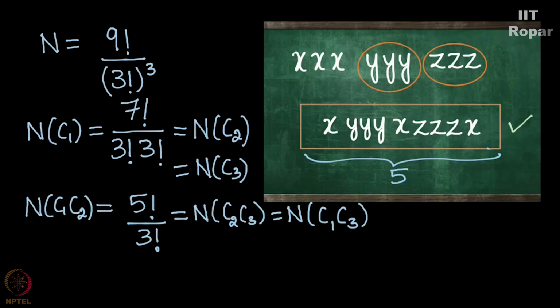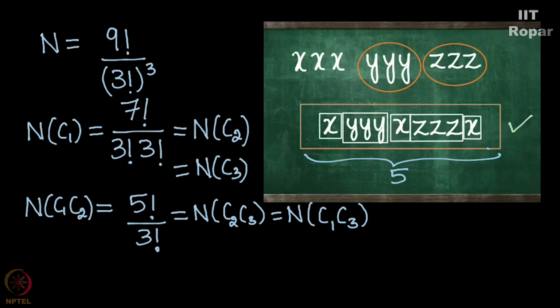So this can be done in 5 factorial by 3 factorial ways, because I've considered y and z to be 2 units and the rest 3 of them for x's. The same holds true for n of C1 C3 as well. You can probably try enumerating 1 or 2 of them.